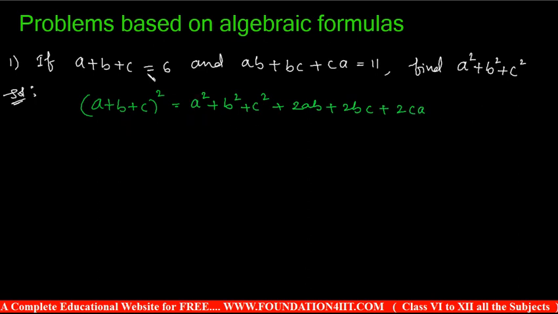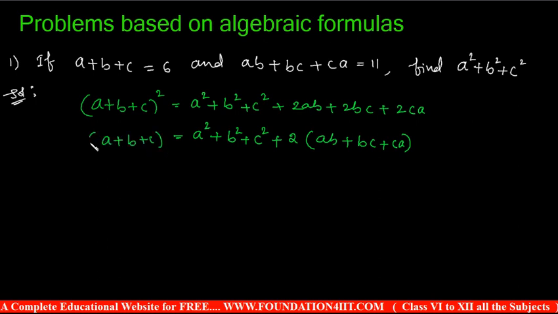From this we can use these three values. a plus b plus c is 6 and ab plus bc plus ca is 11. a square plus b square plus c square plus, taking 2 common from the next three terms, 2 times (ab plus bc plus ca). This is (a plus b plus c) whole square. Now we can substitute all the values in this formula.